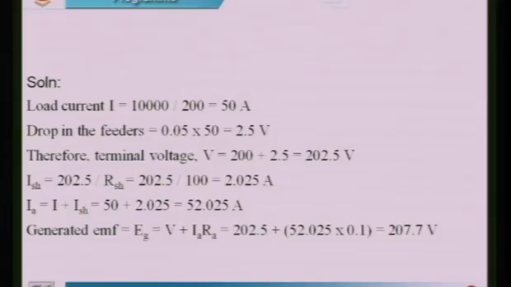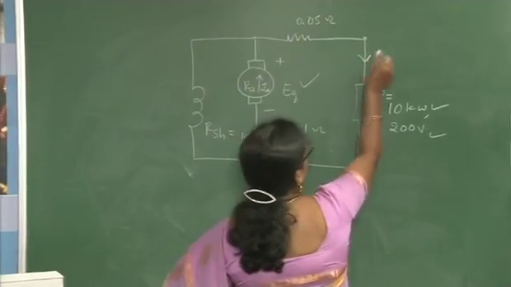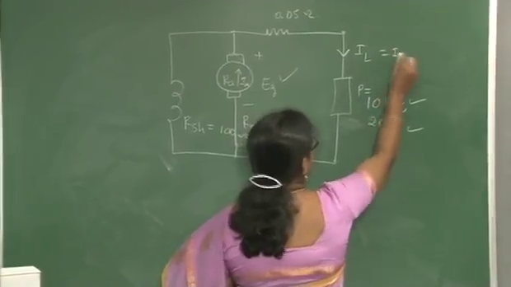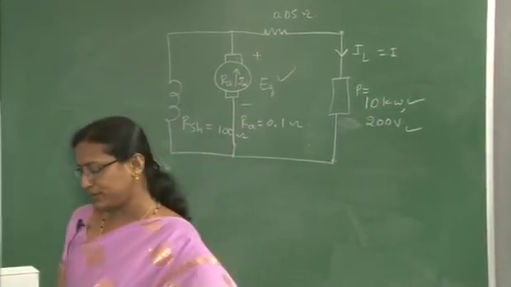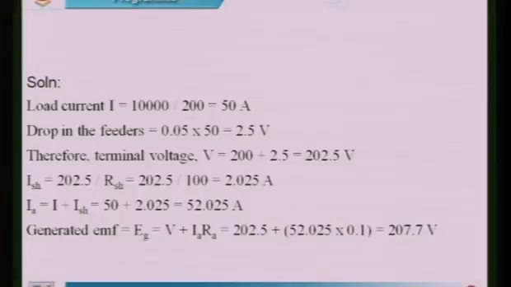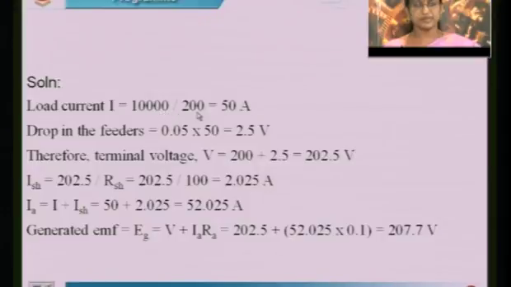So now you see how exactly you calculate here. The load current, IL, we have considered as I, the current flowing through the load. It is supplying 10 kilowatt power, so 10 into 10 to the power 3 divided by 200 is equal to 50 amps.